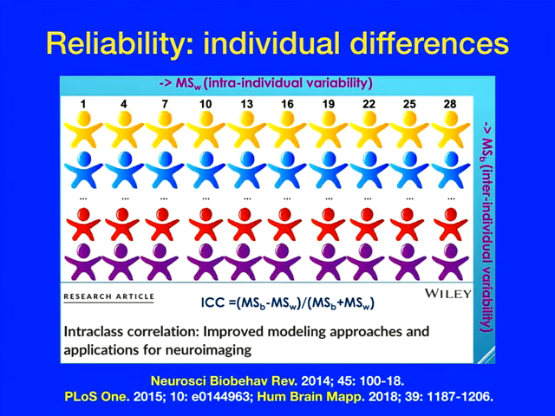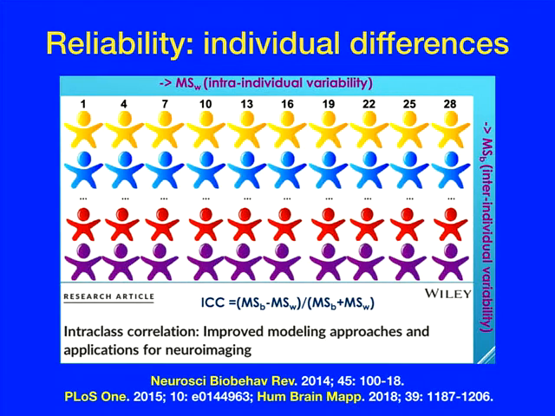And the different colors mean different individuals. So we have intra-individual variability, or intra-individual differences, as measured by the variability for a specific individual across different measurement occurrences, right? And we have inter-individual variability across different individuals, right?